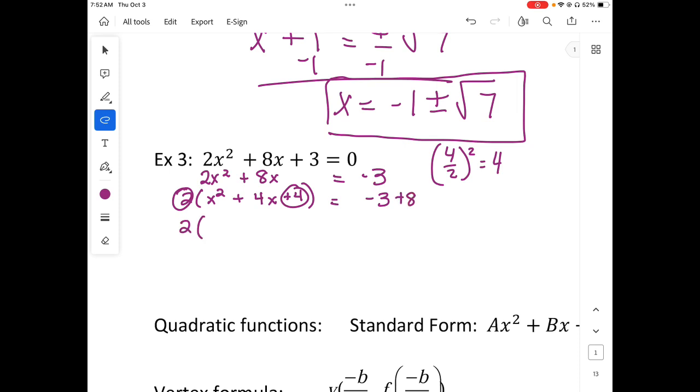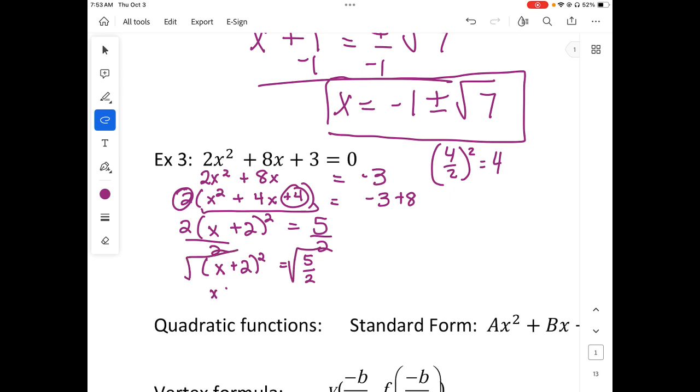So this is 2. Whenever I factor this, do the square, it equals 5. So now we divide by 2, and we get x plus 2 squared equals 5 over 2. Square root, square root. So x plus 2 equals square root of 5 over square root of 2.